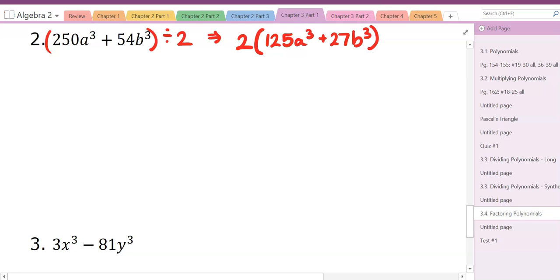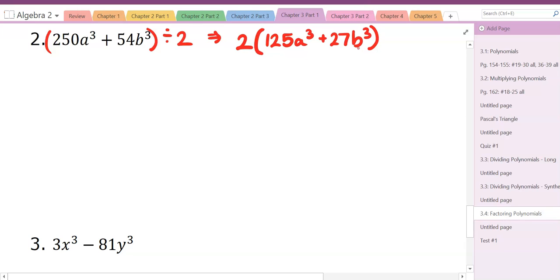Okay, because I took out this 2, the factored out 2 is just going to tag along on this entire problem. It's just going to stick in the front. Don't forget about it, but it's not really going to do anything to my problem. I'm just going to have it attached. So now let's take a look at the 125 a to the third and the 27b to the third. Now let's do our cube roots.